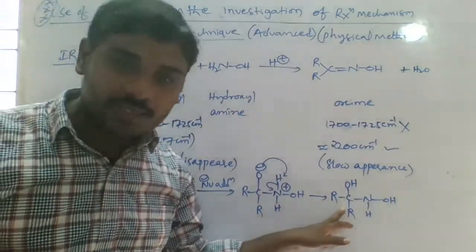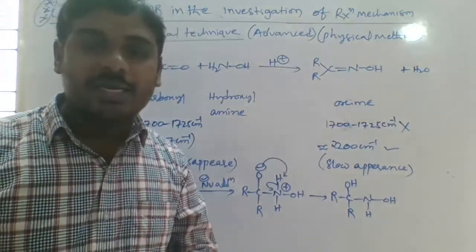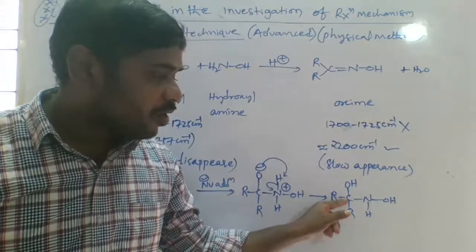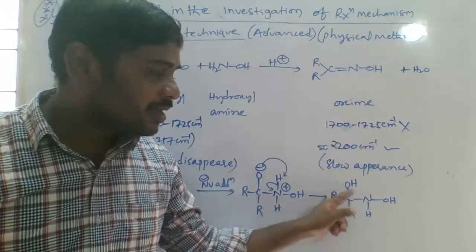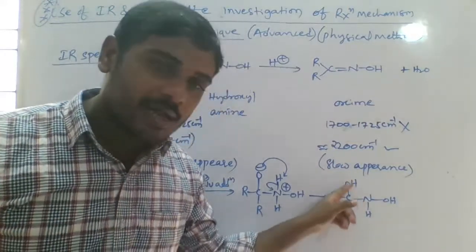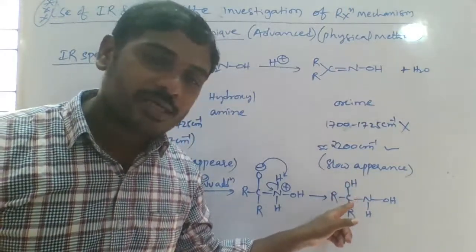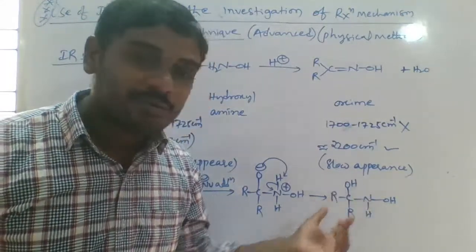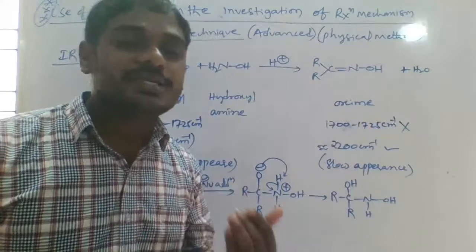This is a highly unstable intermediate, because this single carbon has how many highly electronegative atoms? 1, 2. Yes, nitrogen is more electronegative compared to carbon, and oxygen is also more electronegative compared to carbon. So geminal highly electronegative groups are present on the carbon. Therefore, it is unstable.